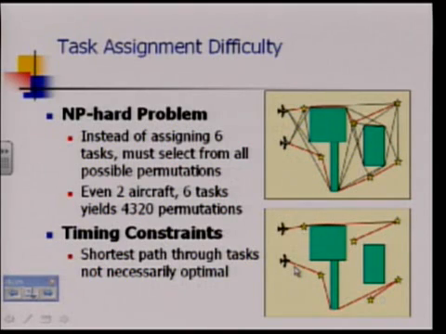Can you see that? Well, it's difficult to visualize, but we talk about the team needing to have the minimum mission completion time. That doesn't necessarily minimize the overall traveling path.